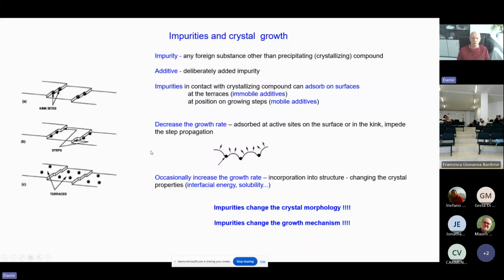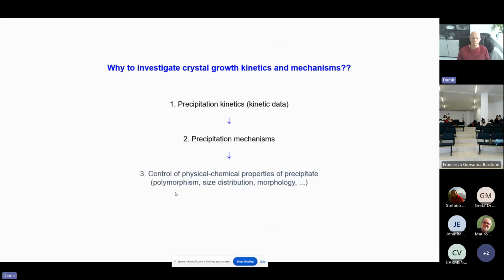So as a conclusion, impurities typically change the crystal morphology, and they can also change the growth mechanism. They don't have to, but they can. It depends on their properties and their interactions at the interface.